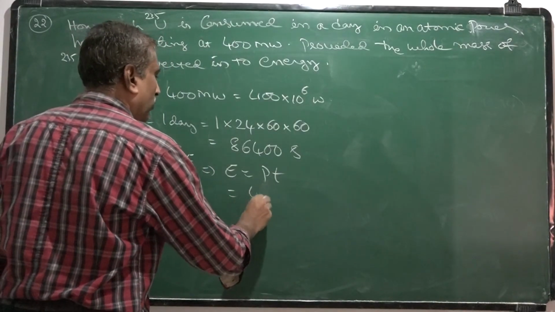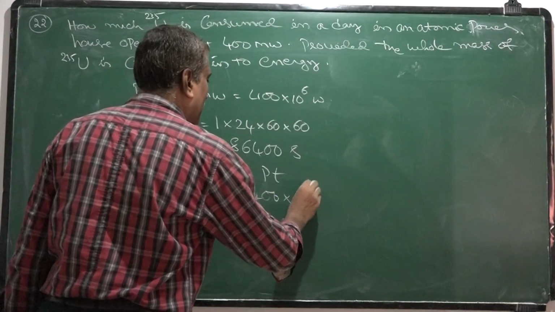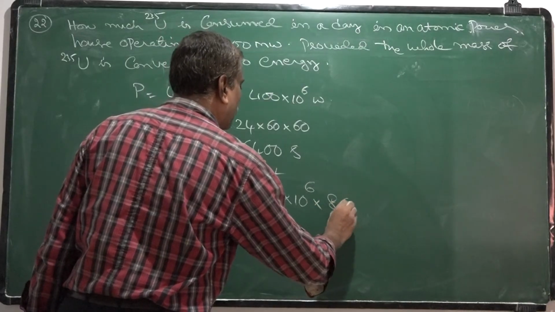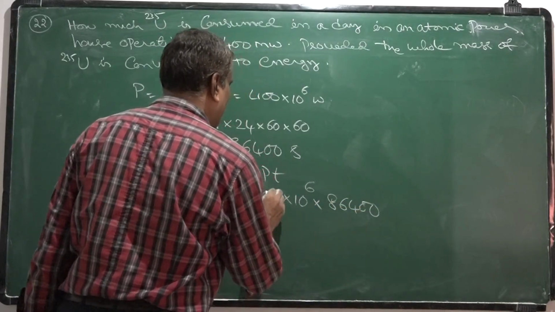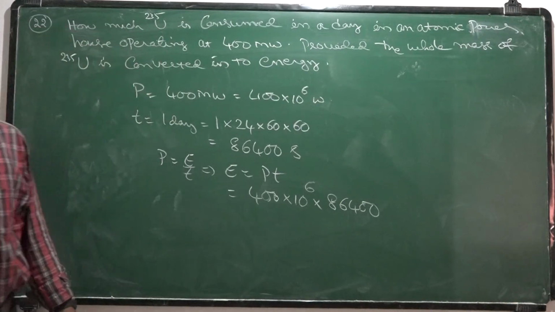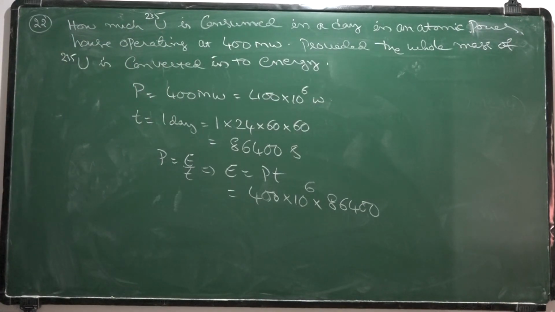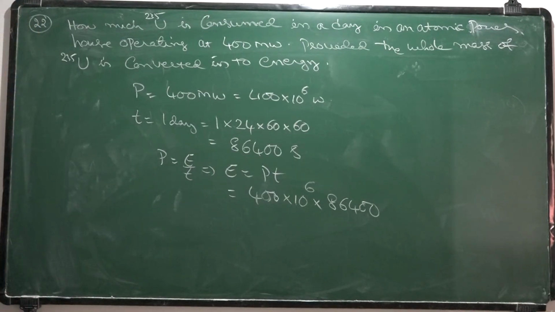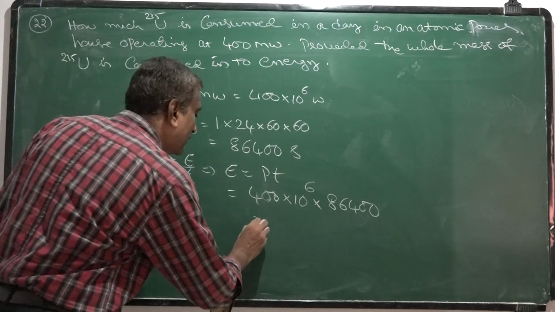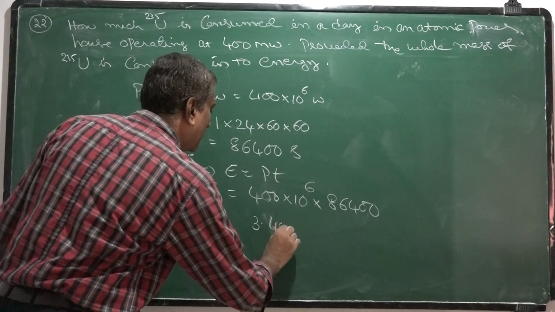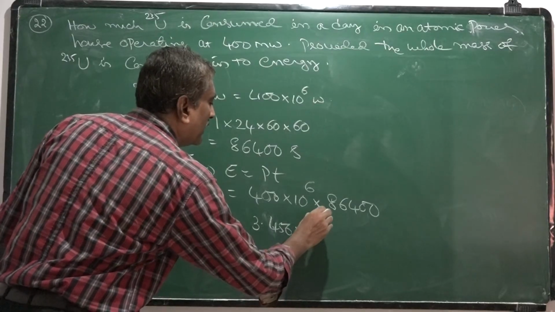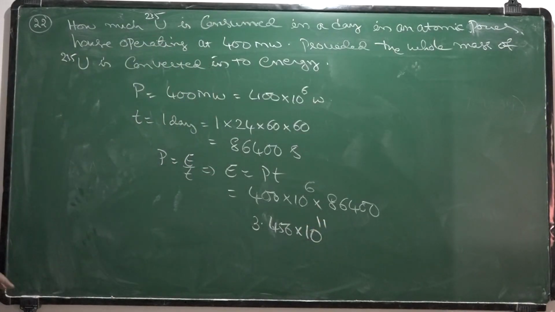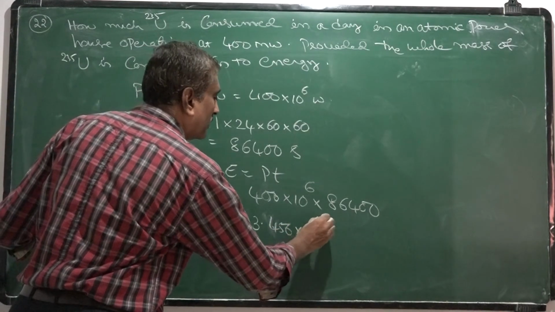So that is 400 into 10 power 6 into 86400. So on calculating, we get 3.456 into 10 to the power 13 joule.